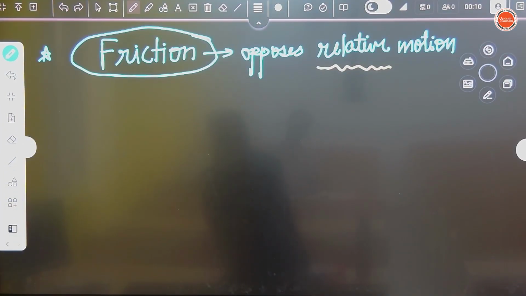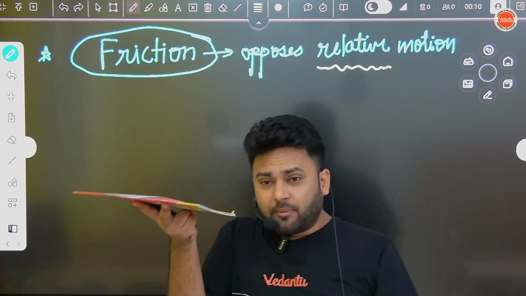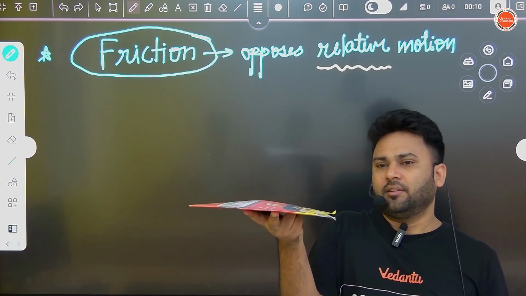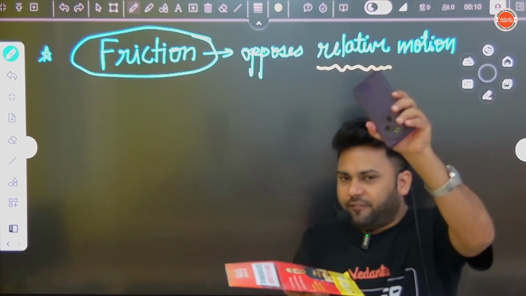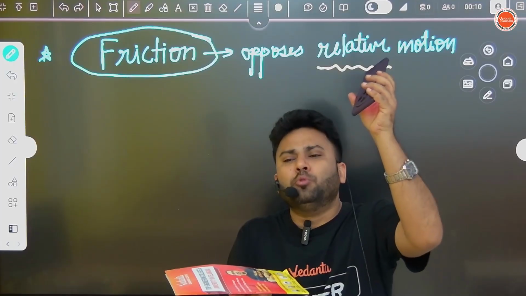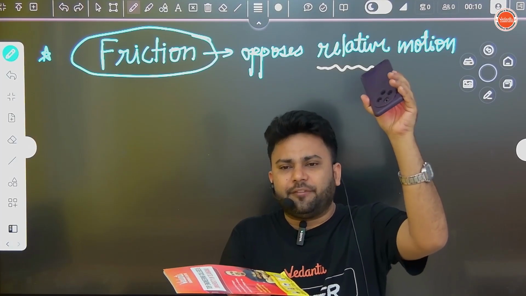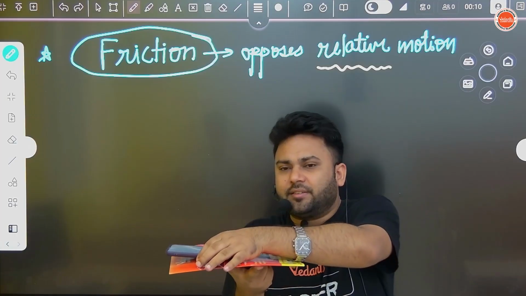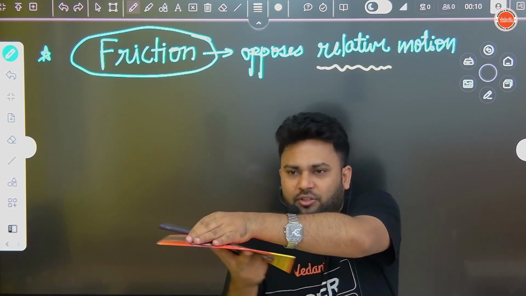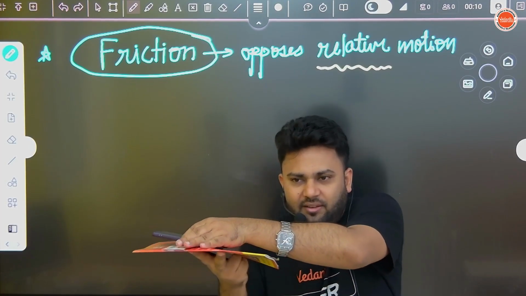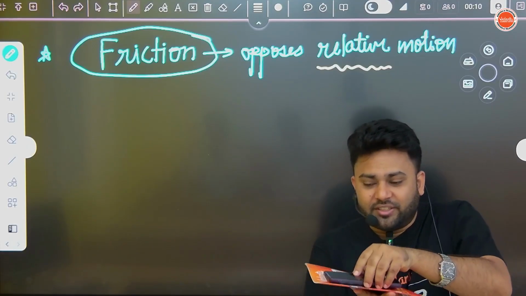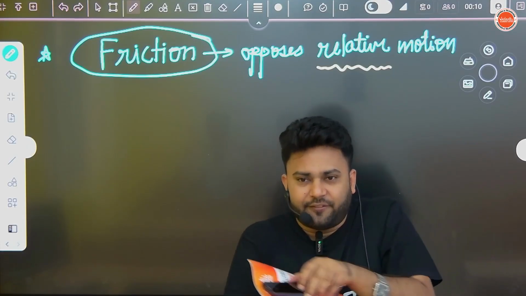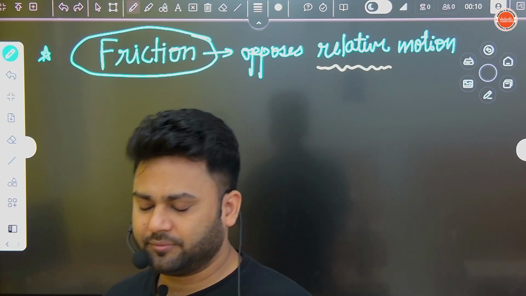If this object was made of ice, think, ice means very smooth, almost negligible friction. Suppose this was ice, and if I would have pulled, it would have slipped. You can feel now, slipped. So why in this case is it coming? Because this is rough. There is friction, and friction is helping it to move.